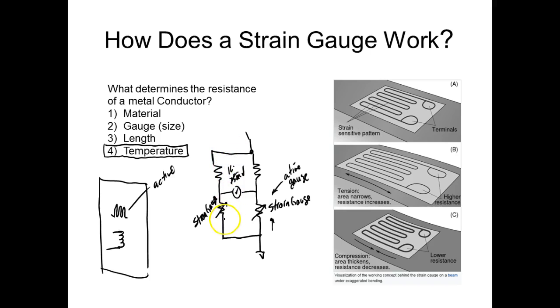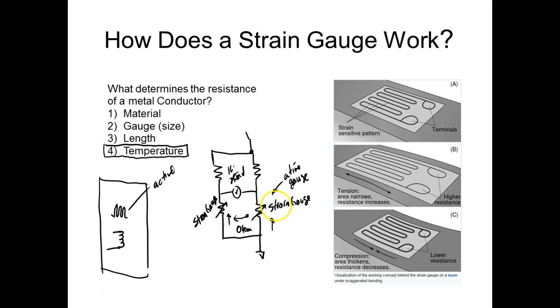You understand? But this guy over here is in there to measure temperature. They're mounted right there together. So if this resistance goes up, this guy's resistance goes up exactly the same amount. So what these guys right here are going to do is basically zero out the temperature.